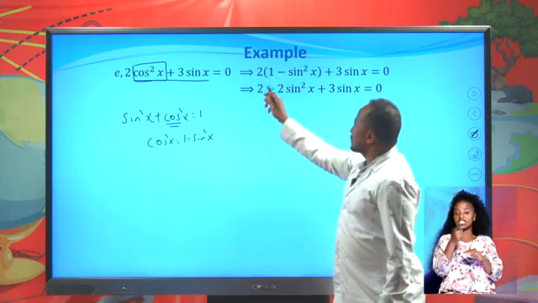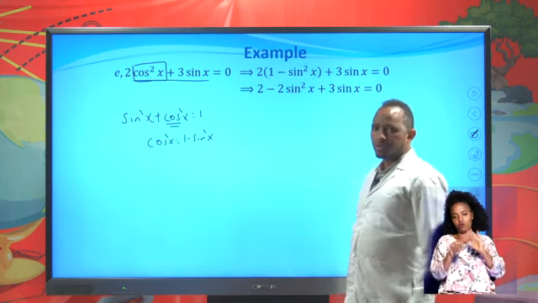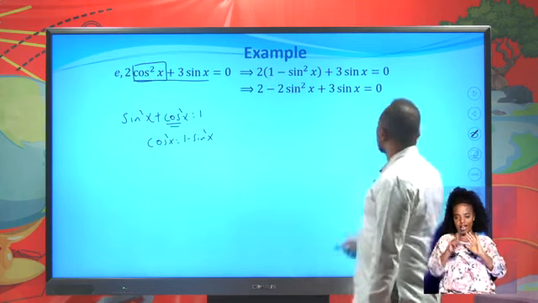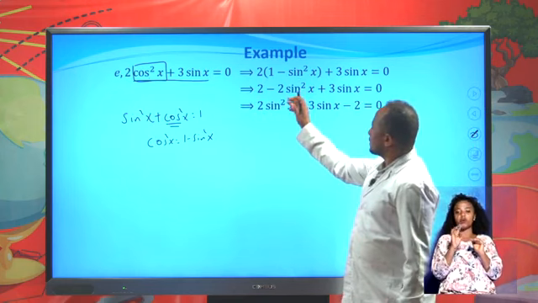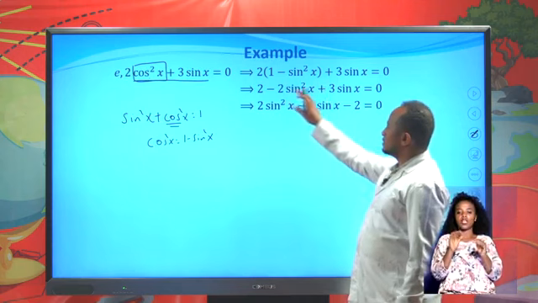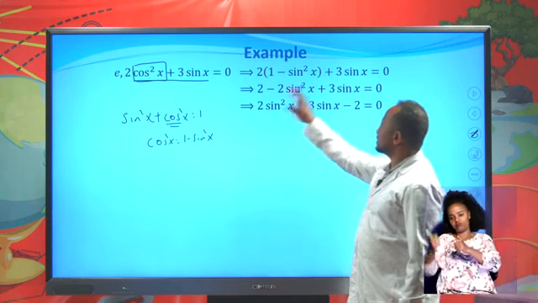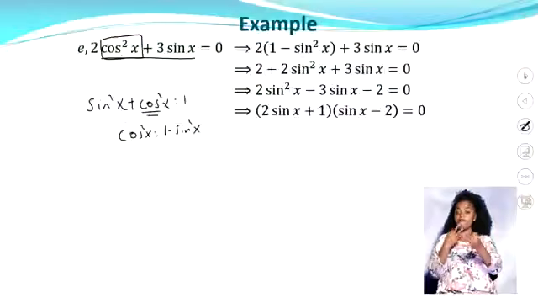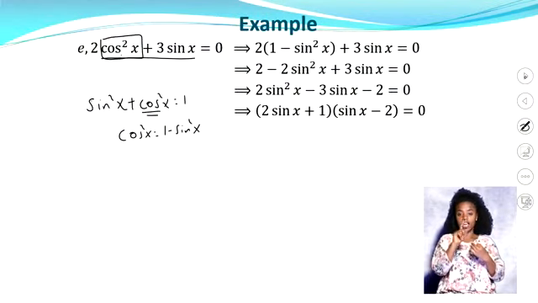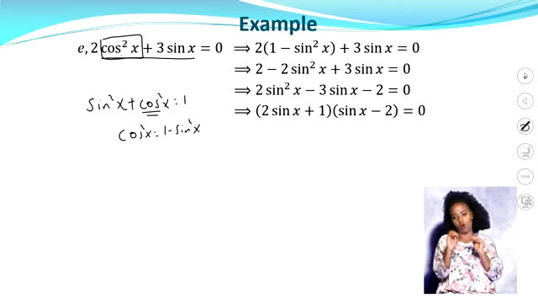And then this will be 2 times 1, 2 minus 2 sin squared x plus 3 sin x equals 0. Taking this to the other side, this becomes positive, this becomes minus, and this also minus. Factorizing this, 2 sin x plus 1 times sin x minus 2 is equal to 0.